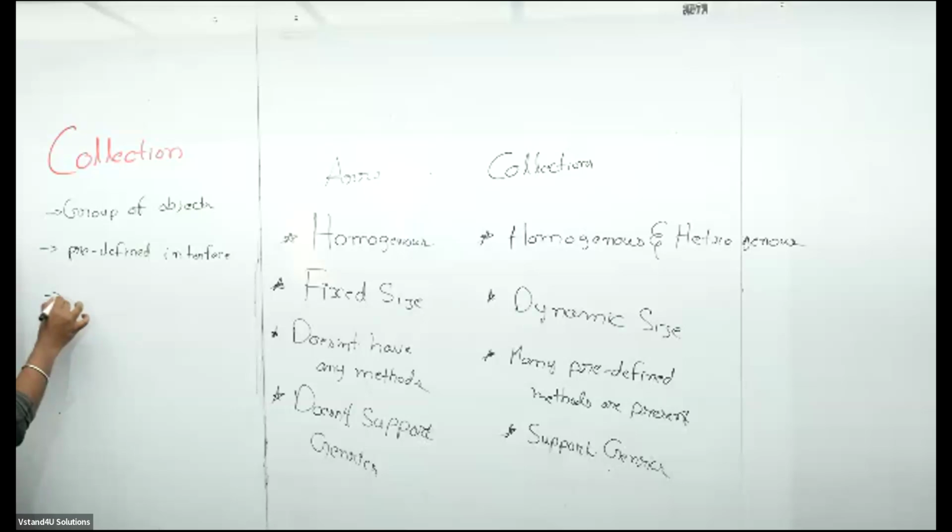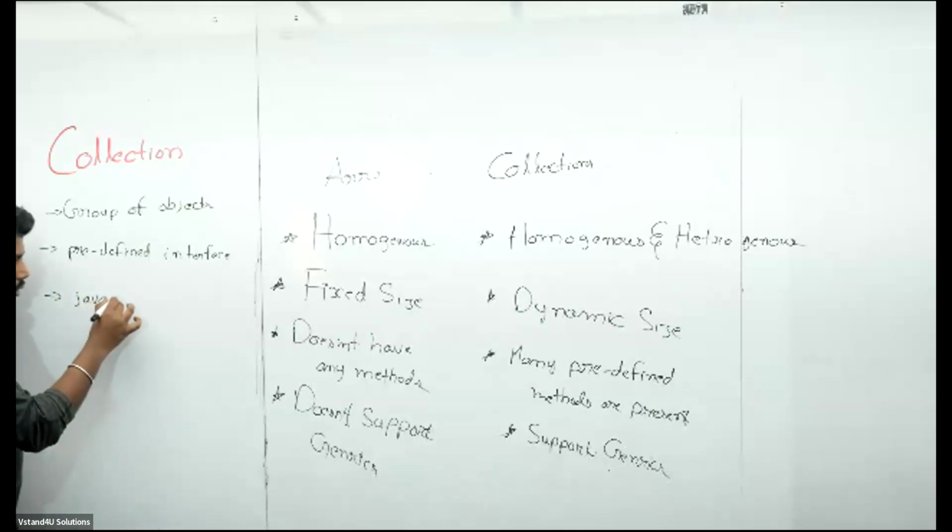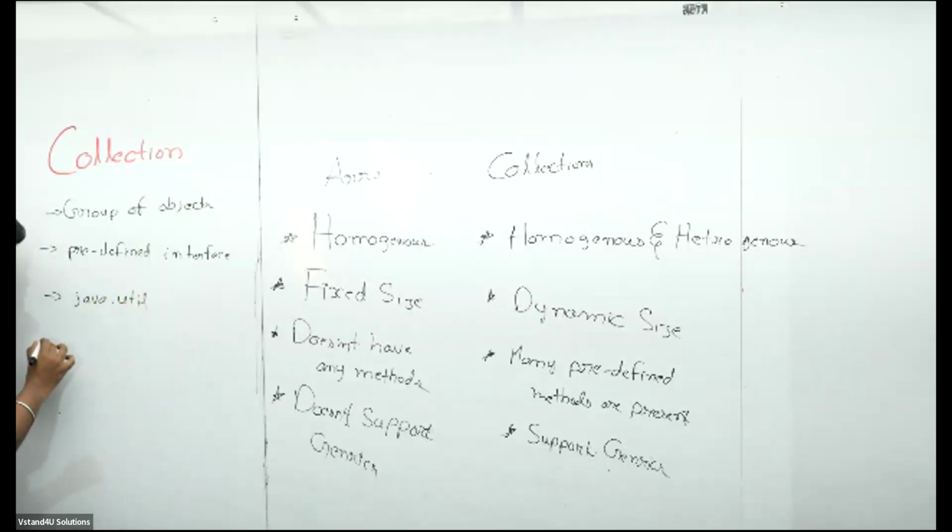It is present in which package? Java.util package, and collection was introduced in the JDK version 1.2. 1.2 is the name of Java 1 version. Okay. It is introduced in the version called JDK 1.2.